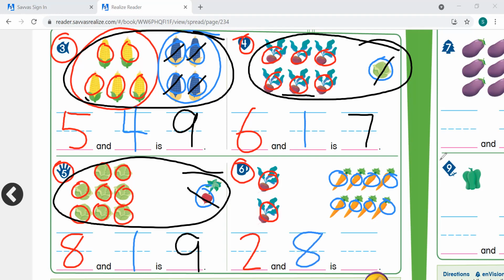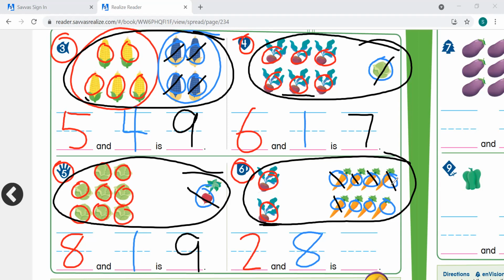So in our first group, 2, second group 8, we are going to combine the 2 together. So 2, 3, 4, 5, 6, 7, 8, 9, 10. 2 and 8 is 10.